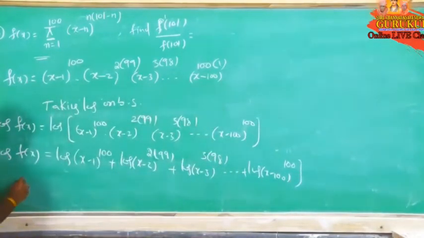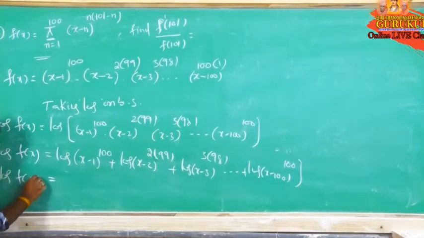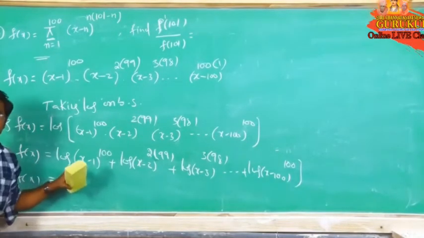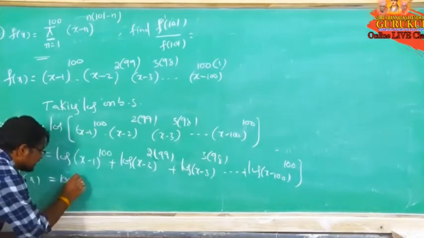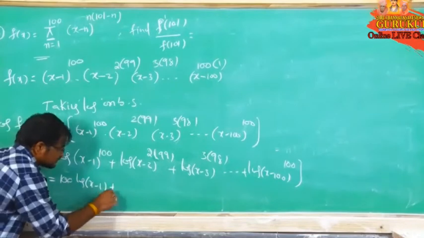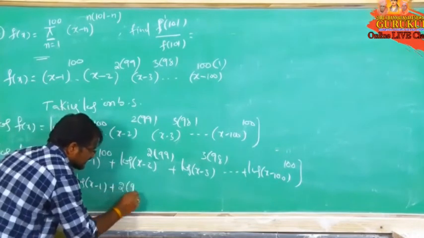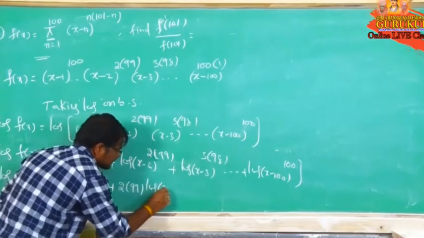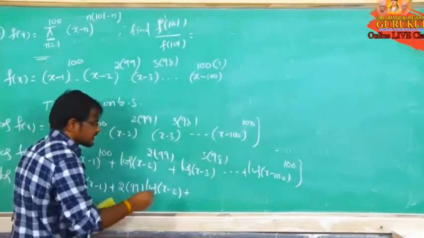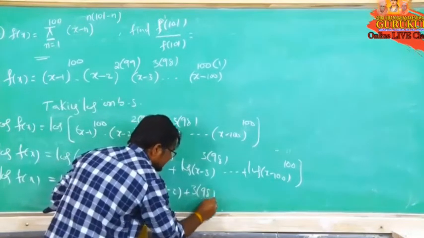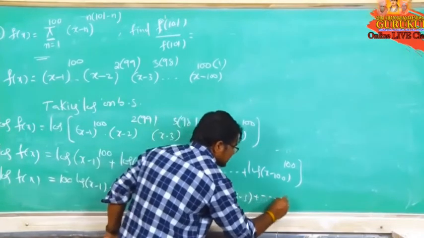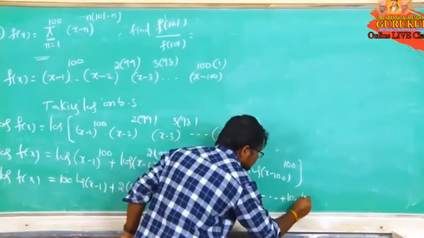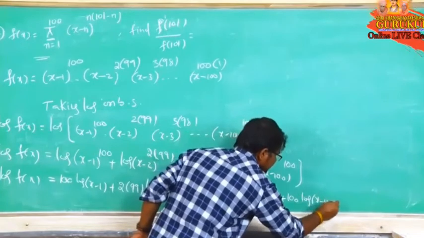Now again you can simplify this one, since log a to the power of m form is there. How to write it? As 100 into log of x minus 1, plus 2 into 99 log of x minus 2, plus 3 into 98 log of x minus 3, plus etc., plus 100 into log of x minus 100.